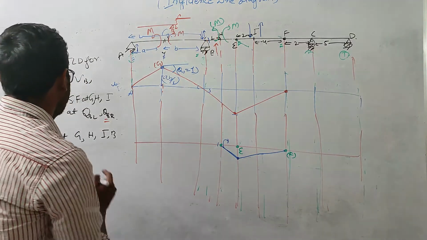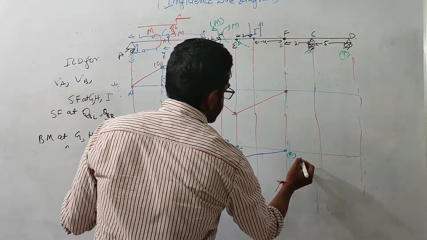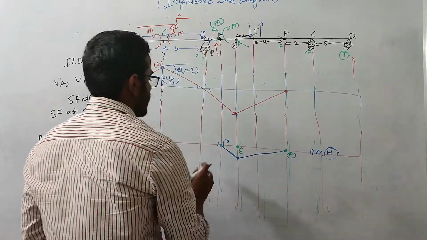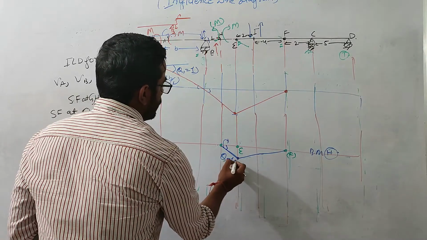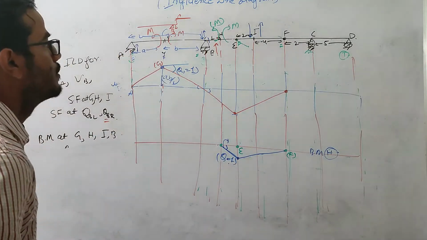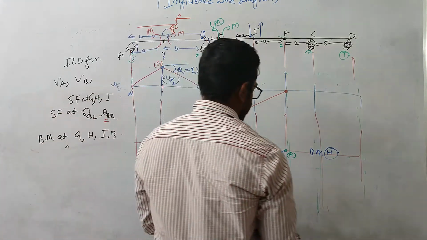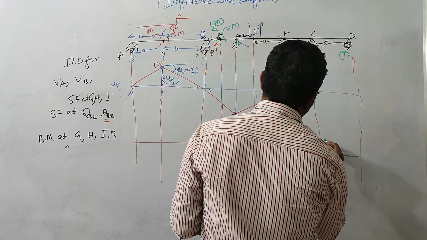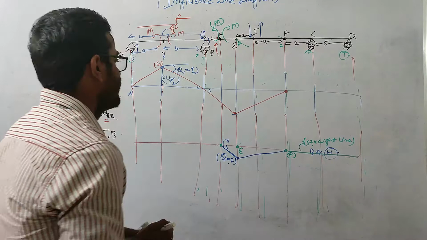This is the ILD for bending moment at point H, with unit theta equal to unit deformation.